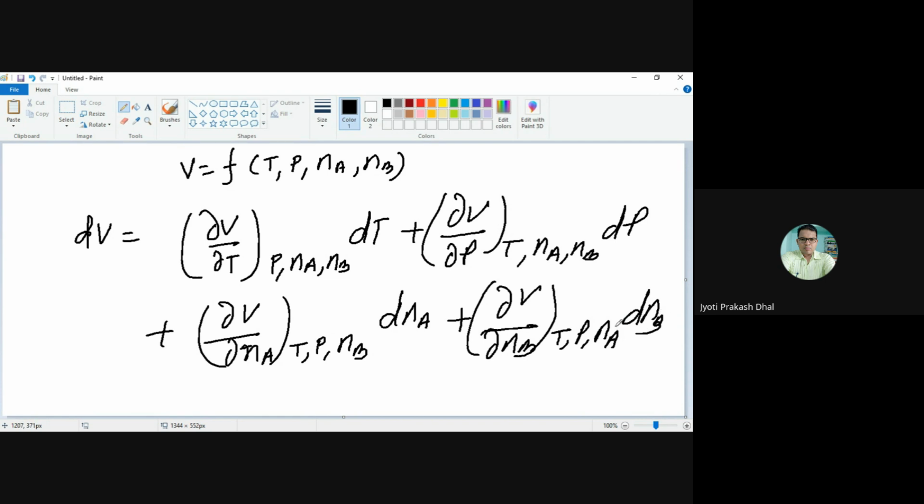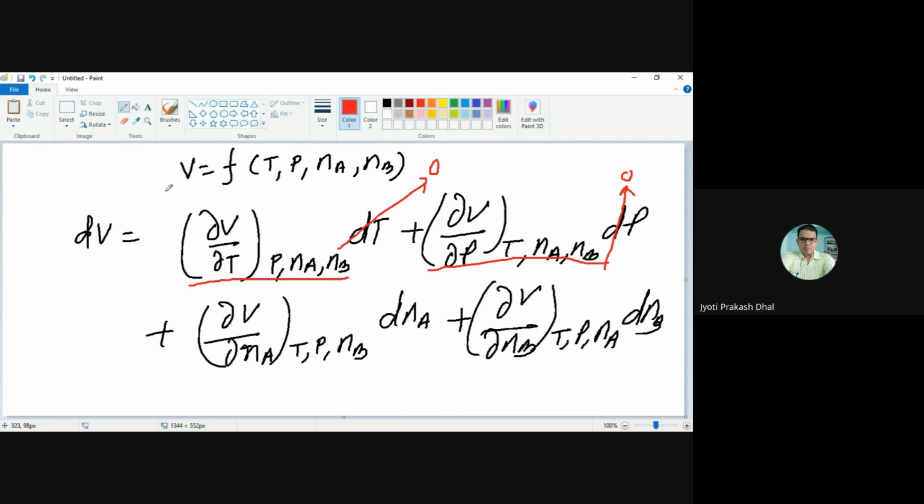dN_B. And if we consider the condition of constant temperature and constant pressure, dT will be 0, so the first term will become 0, and dP will be 0, so the second term will become 0.